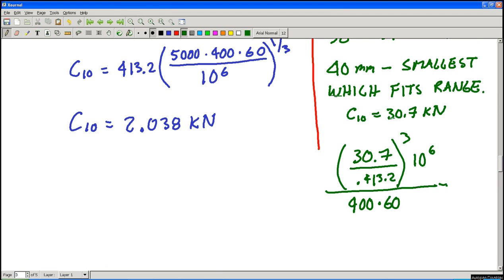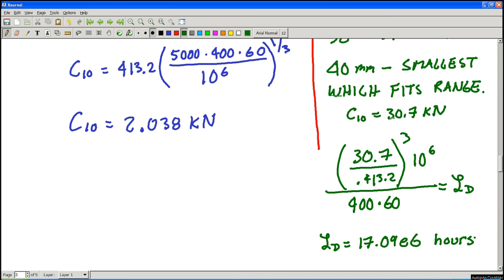That is going to give me a life of the design of 17.09 e to the 6 hours. We're looking for a life of 5,000 hours, and we got many times that.